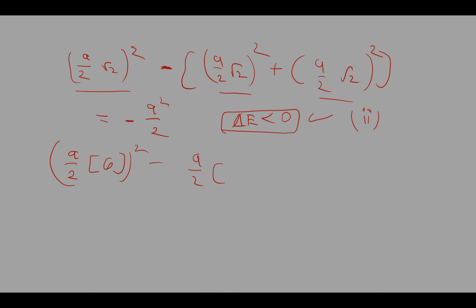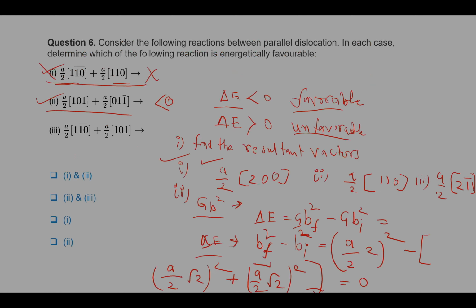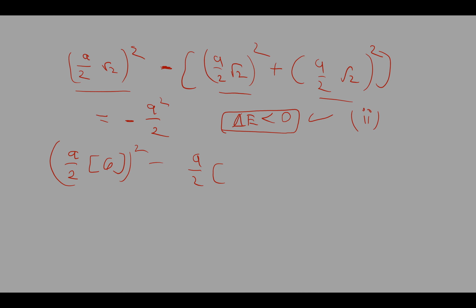Okay. Then a by 2 root 2 square plus a by 2 root 2 square, like this. Okay.